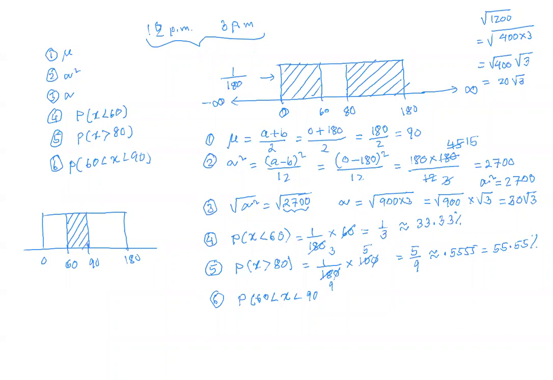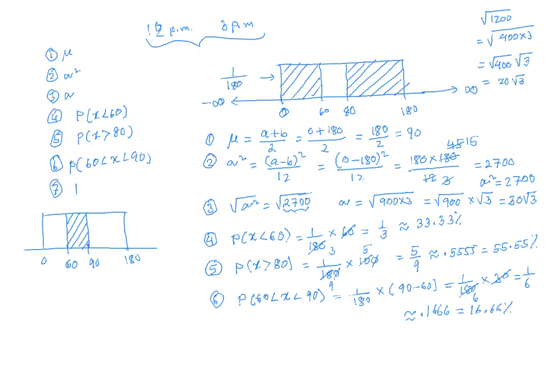It is going to be equal to 1/180 times 90 minus 60, which is 30, right? 1/180 times 30. 30 goes into 180 6 times. It is 1/6, which is roughly about 17%, approximately 0.1666, which is equal to 16.66%.